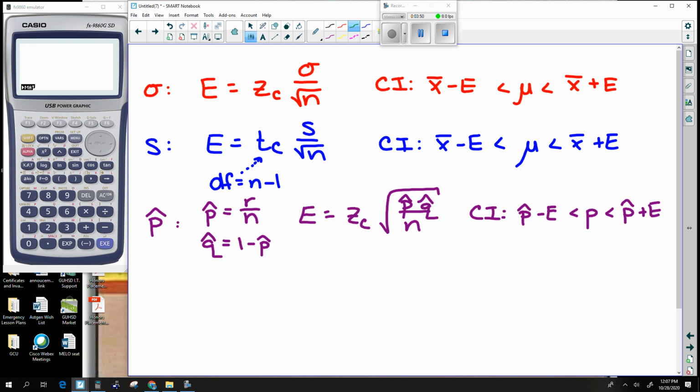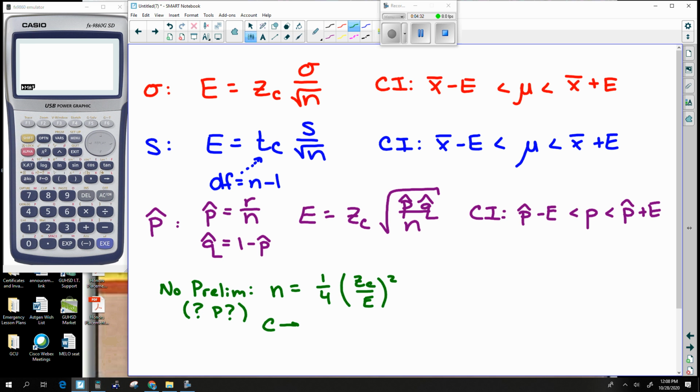The minimal sample size is going to be, if you have no preliminary estimate, meaning you have no idea what the probability should be, 1/4 times ZC divided by E, squared. Okay, so again, the ZC comes from the confidence.